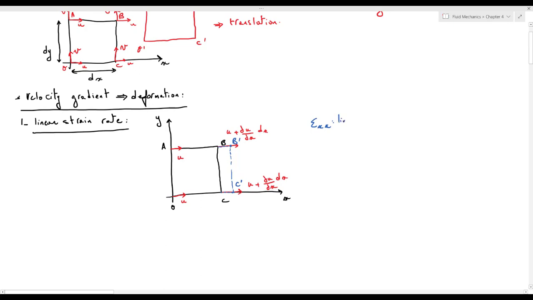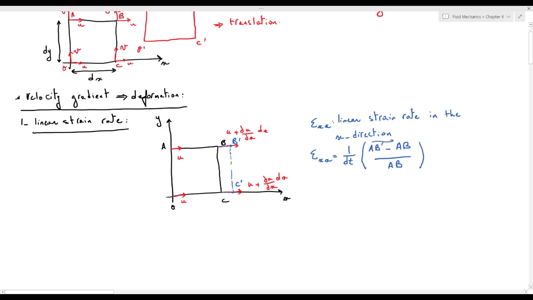So the strain rate in the x direction, called epsilon xx, is defined as the linear strain rate in the x direction, is defined as 1 over dt into the change in the lengths of the segment AB, so AB prime minus AB, over the original length AB.